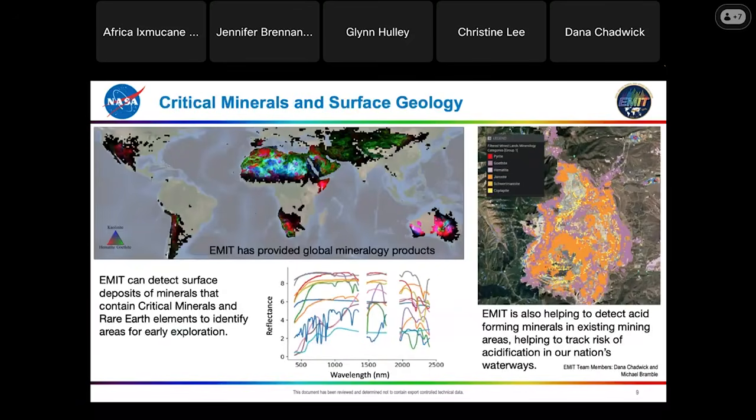So the first thing, this is a map on the top left here, which is very exciting. So this is a global map of minerals detected by the EMIT sensor. So this is really the first of this type of map that's been made across dust emitting regions. So it's very cool to see kind of the level of detail that we're getting here.